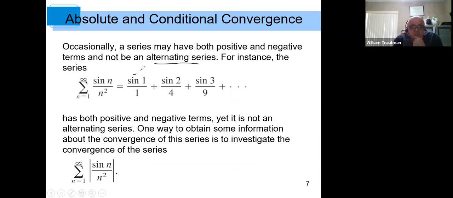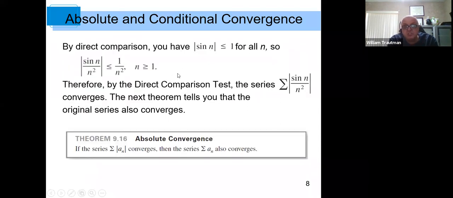You can plug these numbers in and verify that the sign does change from time to time. For a series to be absolutely convergent, the summation of the absolute value of a sub n converges, and then the entire series converges.